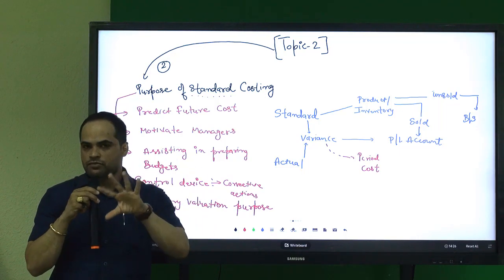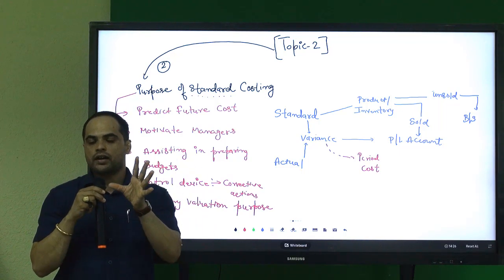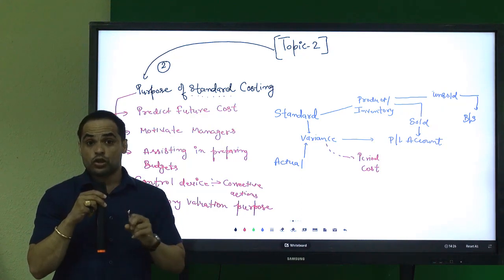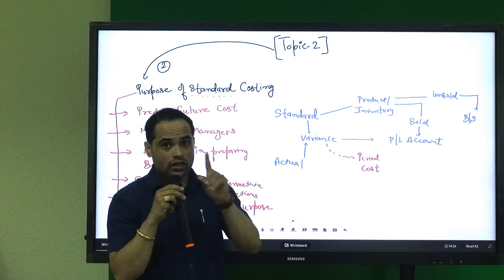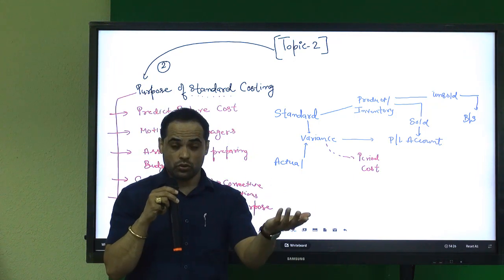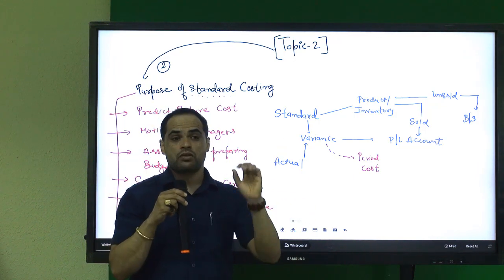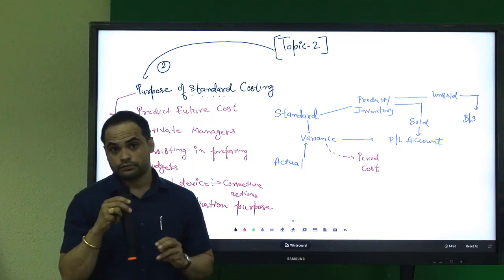So we have to make some changes in our income statement. Those changes will be made in a period cost, not in a product cost, even though overhead is about indirect material.